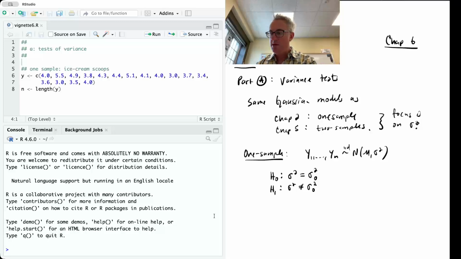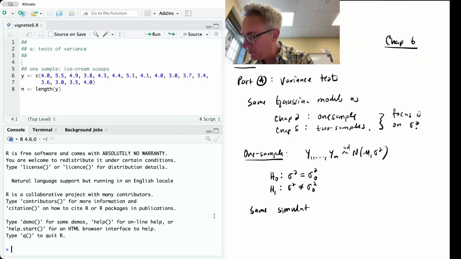Okay. So the models are the same as in chapter 2, so we're going to have the same simulation as chapter 2. But we'll need to use a different statistic.